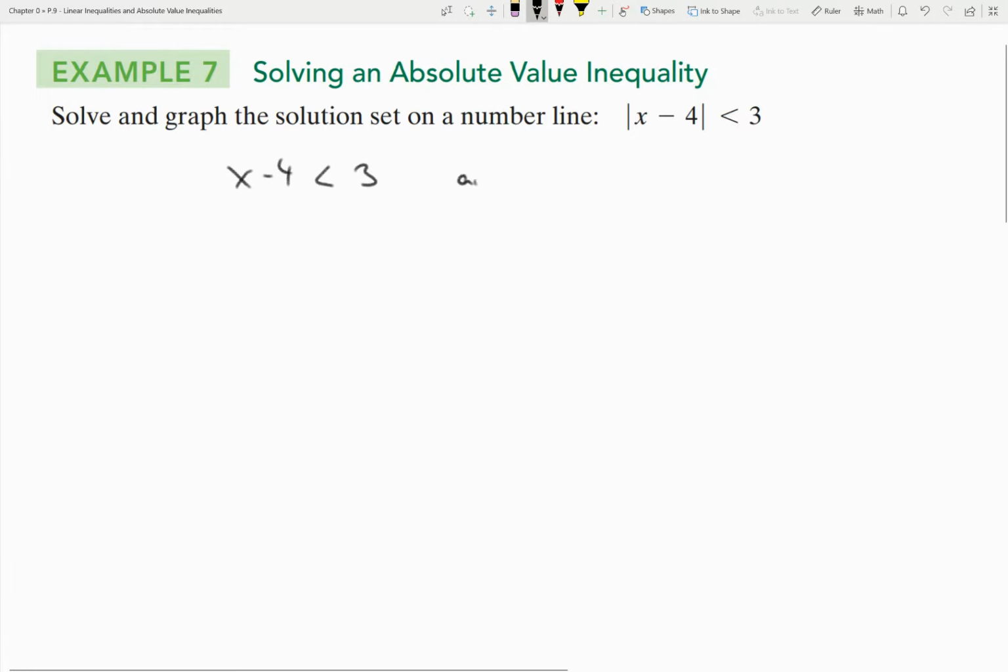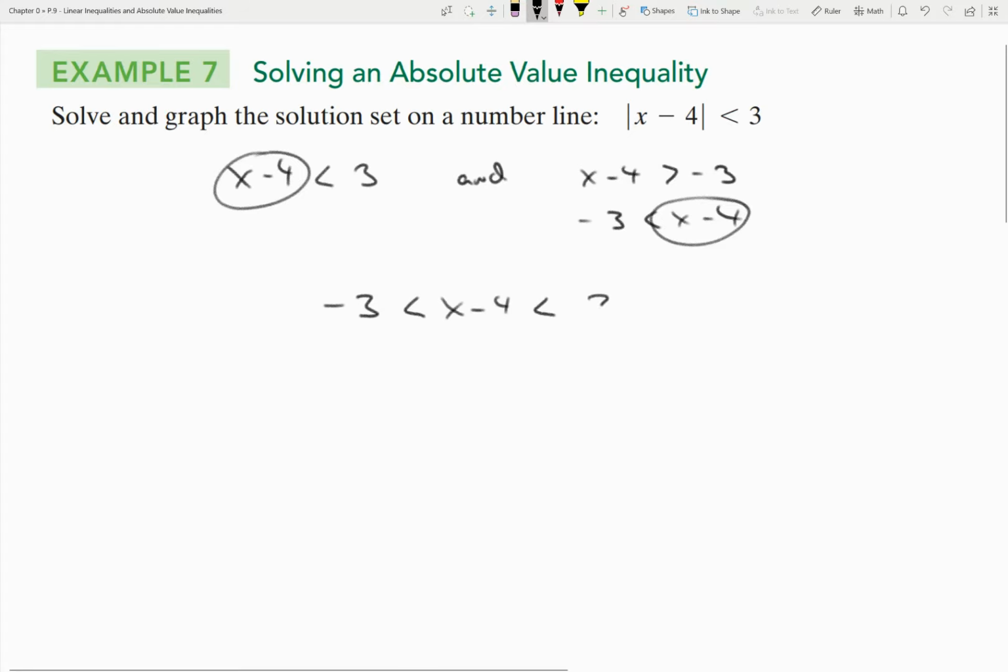The step to solving absolute value inequalities is, in the negative case, always just reverse the sign. But I can see that those middles are the same, and if I reverse this, now I could just slide this piece and this piece together and write it as negative 3 is less than x minus 4, which is less than positive 3, and now I can solve these together.